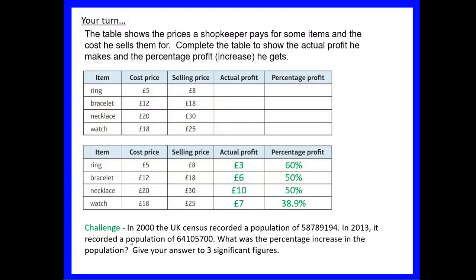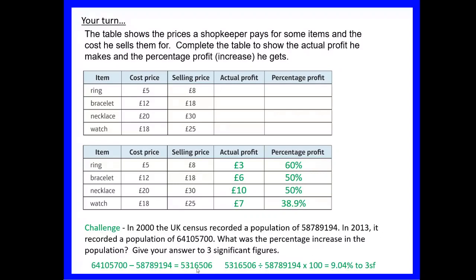So looking at the challenge question then, if you had a go at this, so exactly the same idea, we've just got some longer numbers here. So we need to find the difference between our 64,105,700 and our 58,789,194.